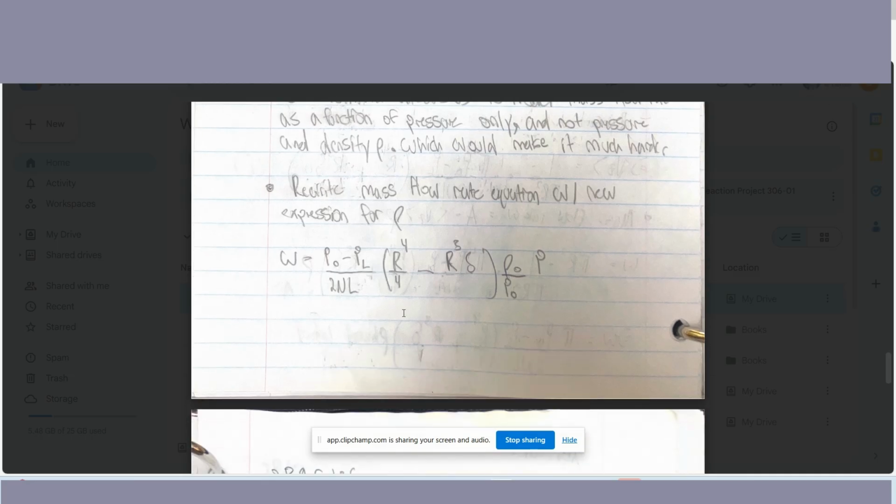So we're basically going to separate and integrate again, and that's because we have this undefined pressure that's not defined by any specific position in the tube. So we're just going to make a derivative basically.